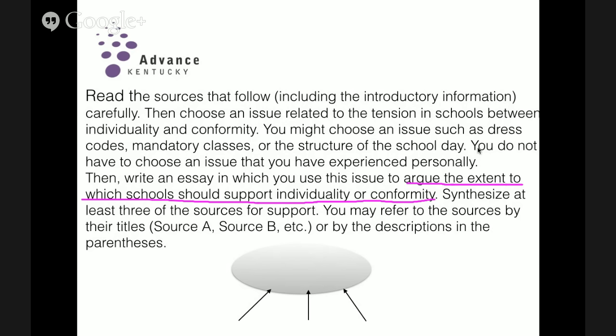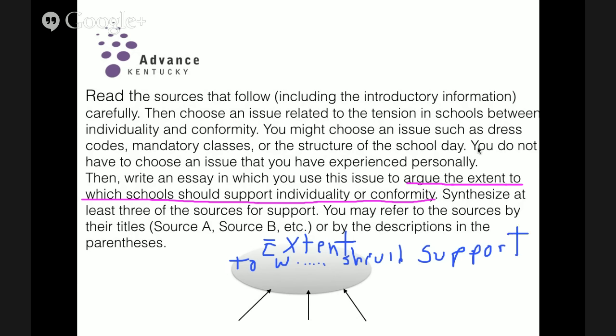So your center block here is going to be the extent to which schools should support. And then your sources are going to be your backup for that.